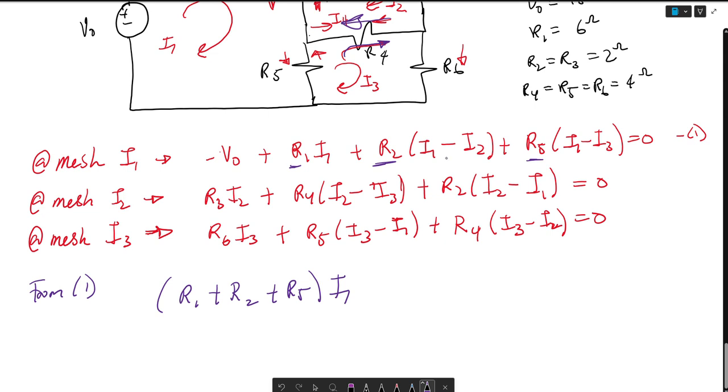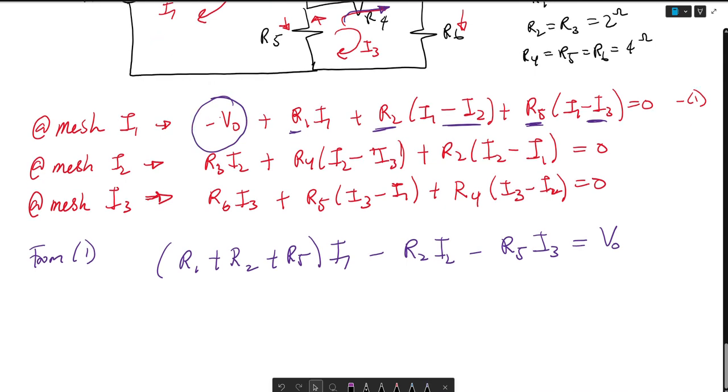And if you notice, for I2, it's a minus. So minus R2 times I2 minus R5 times I3, because it's coming from here. And this is equal to VO, because I'm just moving this to the right-hand side.